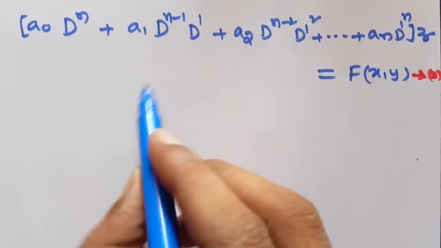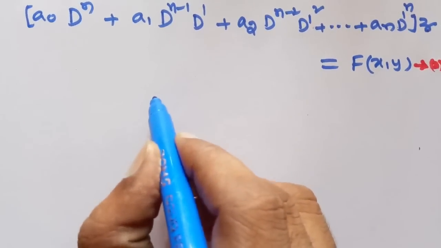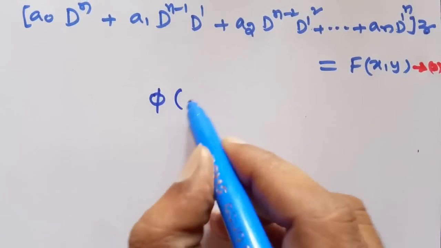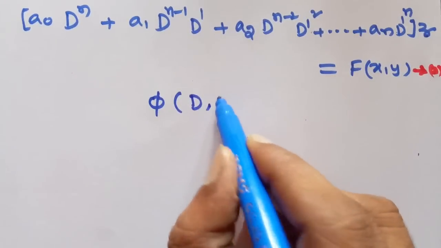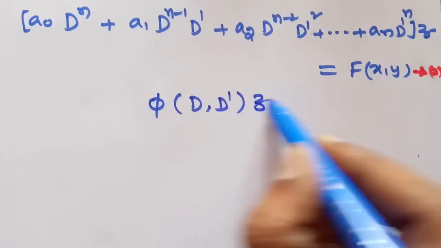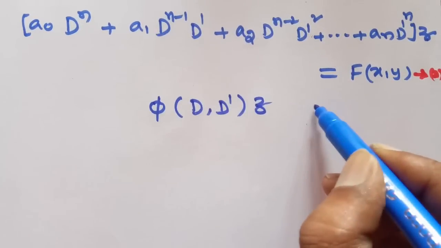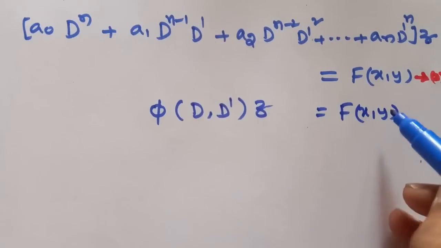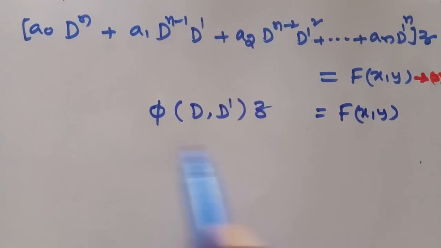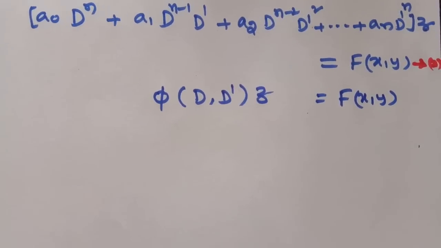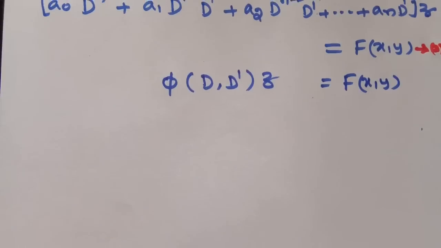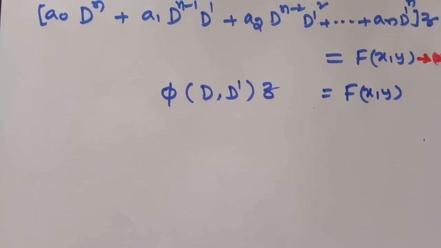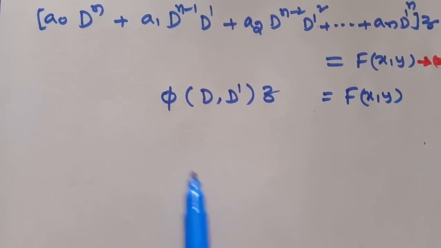This can also be written as phi of D comma D dash into z is equal to f of x comma y. This is the symbolic form of the given homogeneous higher order linear partial differential equation 1.